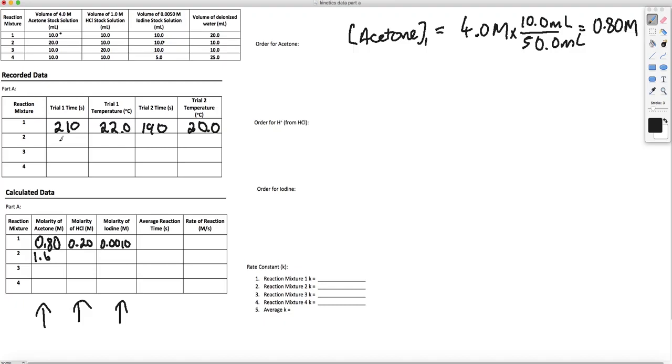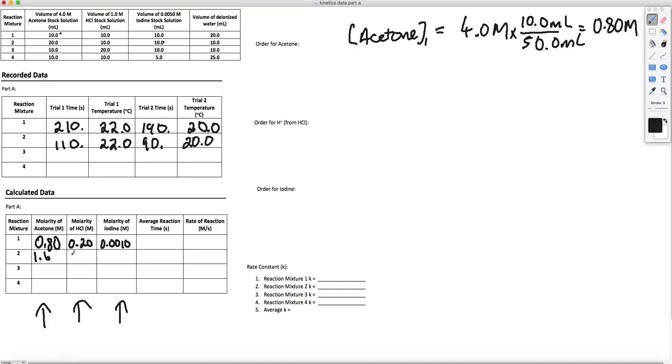Then on the second trial, I'll do, say, 110, and I'll do the same temperature. So once I've done that, I can then go ahead and get the rates of these reactions.